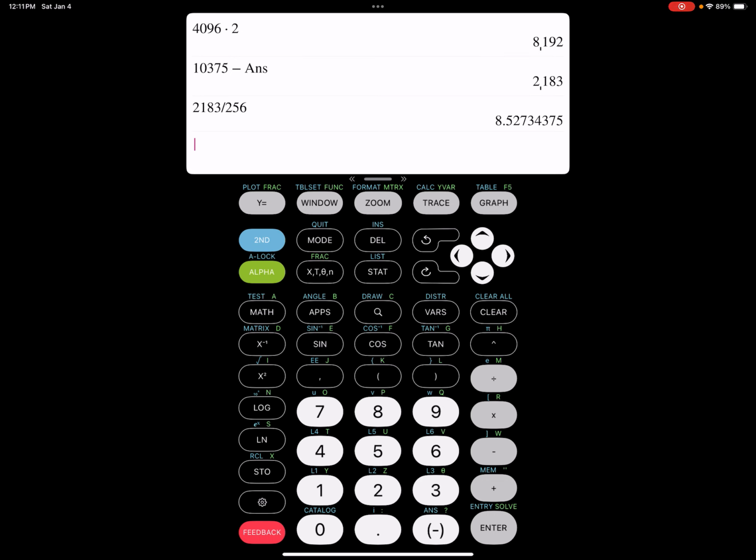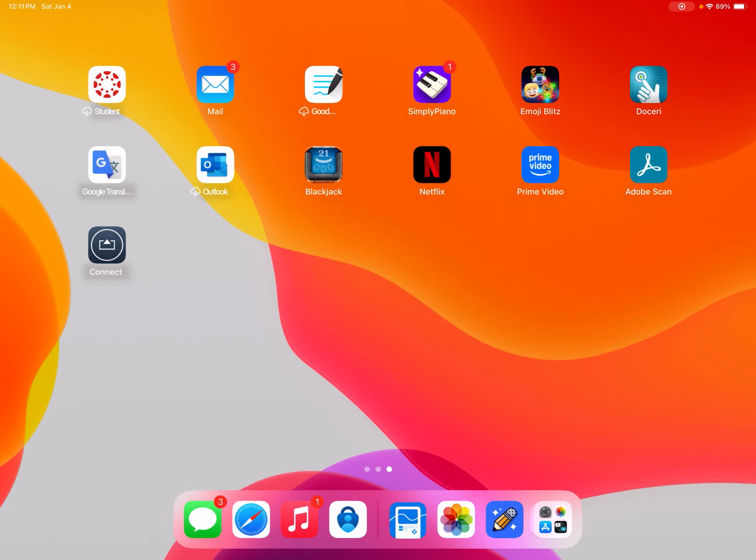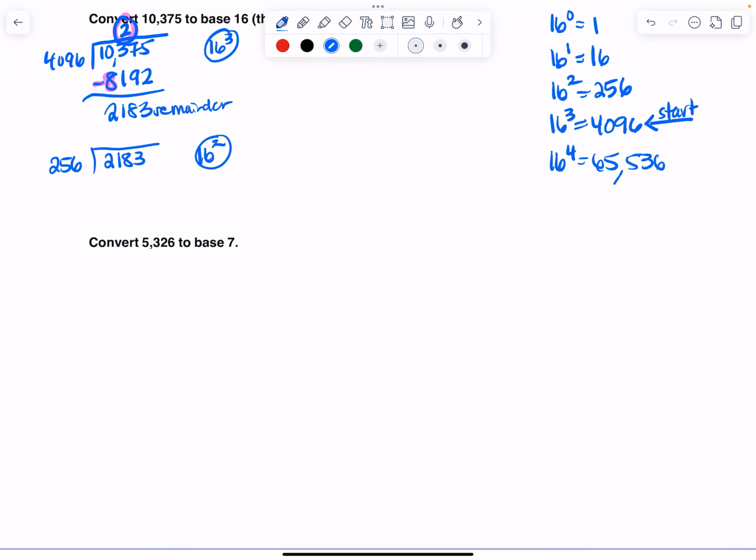And that equals 8.5 and some change. So I'm interested in the 8. So I'm going to take 256 times 8. And when I do that, I get 2048. So let me write that all out here. Again, the magic value was 8, and 8 times 256 gave me 2048.